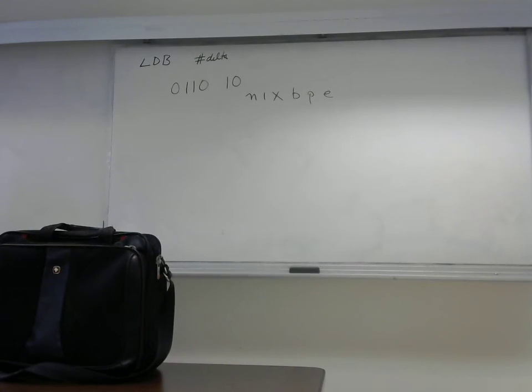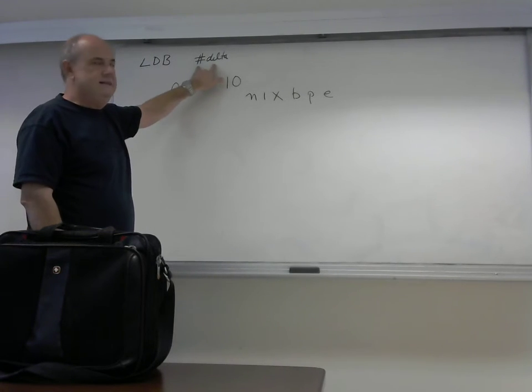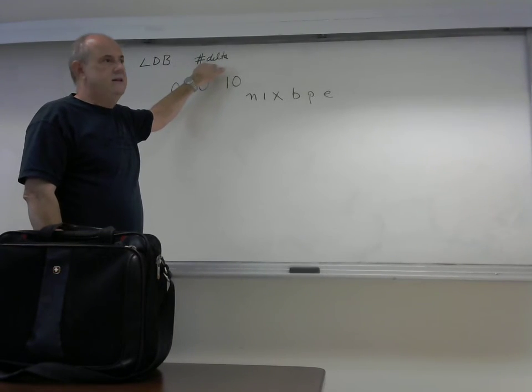Immediate. What does immediate mean? It's a constant. Immediate means it's a constant. The I mode. Okay, constant is a pound sign. Now, does everybody understand the difference? Pound sign delta means the address of delta. That's a constant.